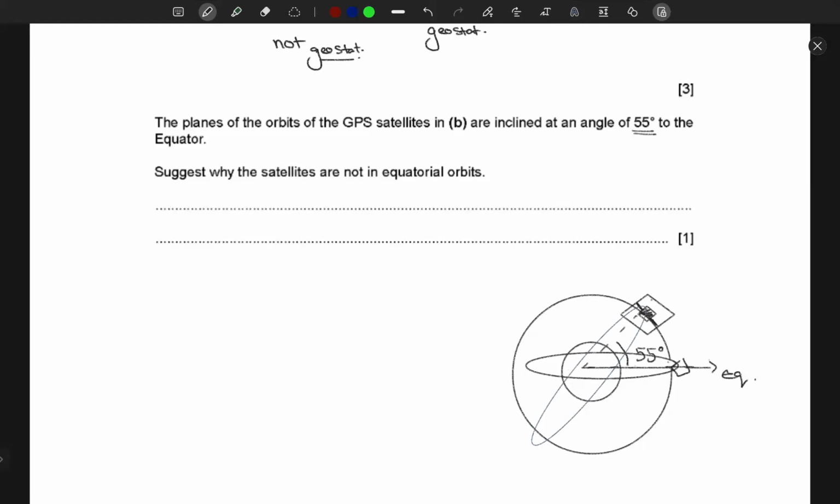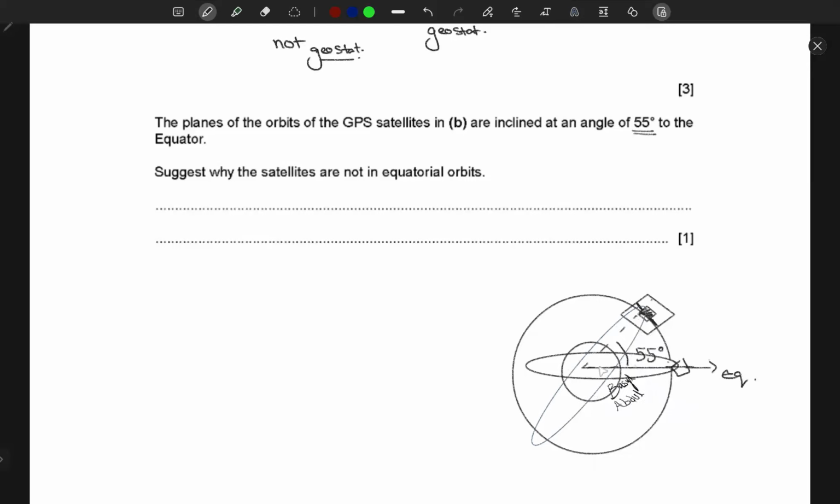Anyone from the class? Hasib, what do you think? Why is the satellite not preferred to orbit in this way, but rather in this way?